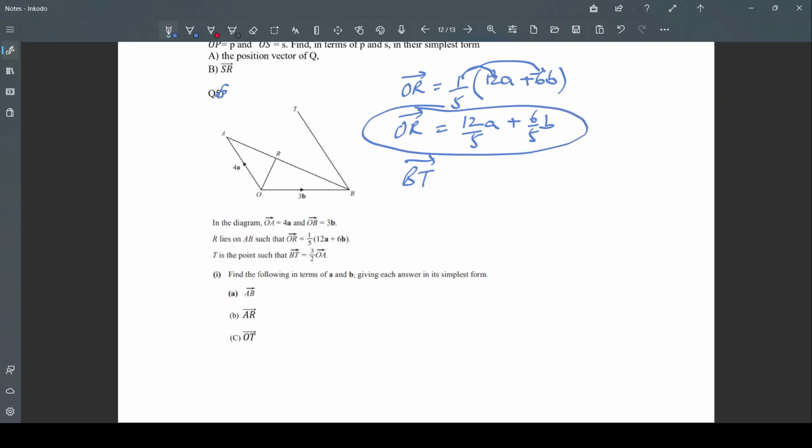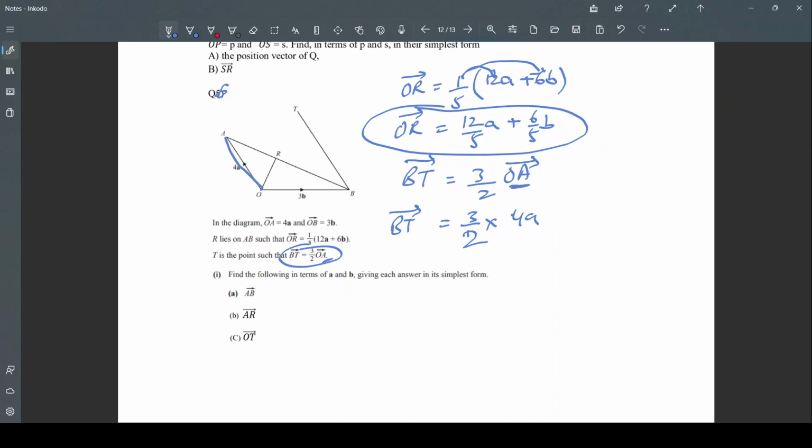So BT is equal to 3 by 2 of OA, as given in the question. What is OA? OA is 4A, right? So we can write 3 by 2 of 4A.